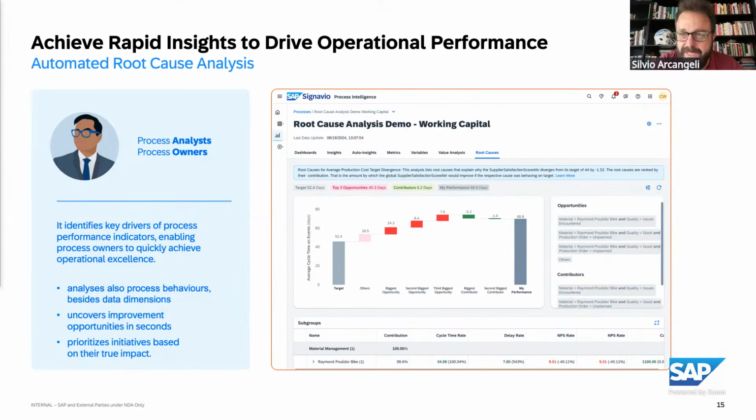And after a few minutes, it will give you back all the results of the factors that influence the KPI that you were looking at and what you should do to get to your target, including also the behaviors that influence your KPI. So we are not just slicing and dicing the data dimensions. We are also slicing and dicing the process execution graphs. So the sequence of activities that influence a certain behavior.